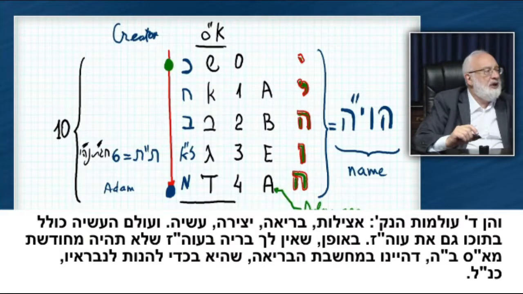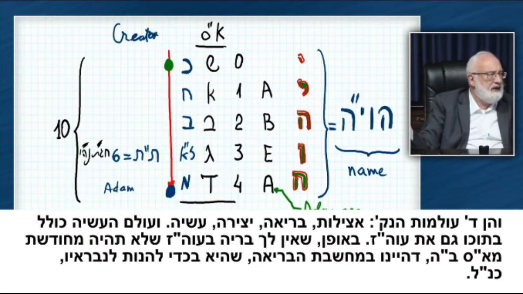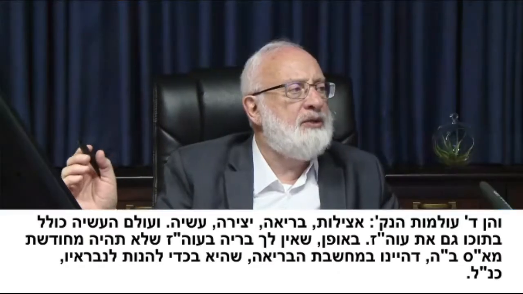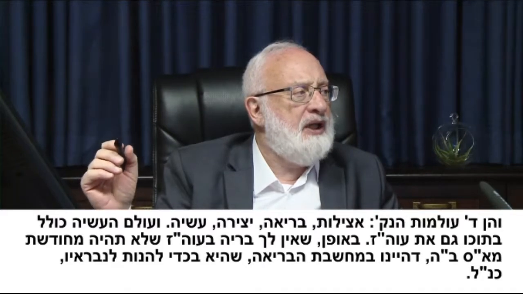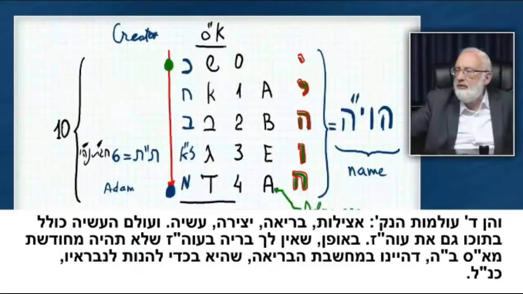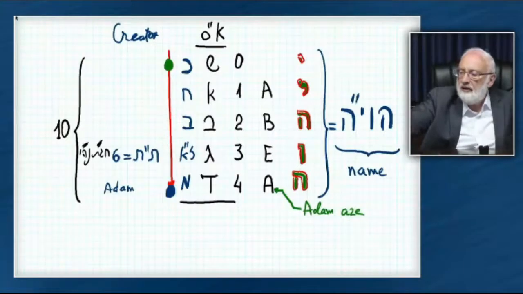Thus, there's not a creature in this world below that is not initiated in Ein Sof, in the thought of creation to delight His creatures.